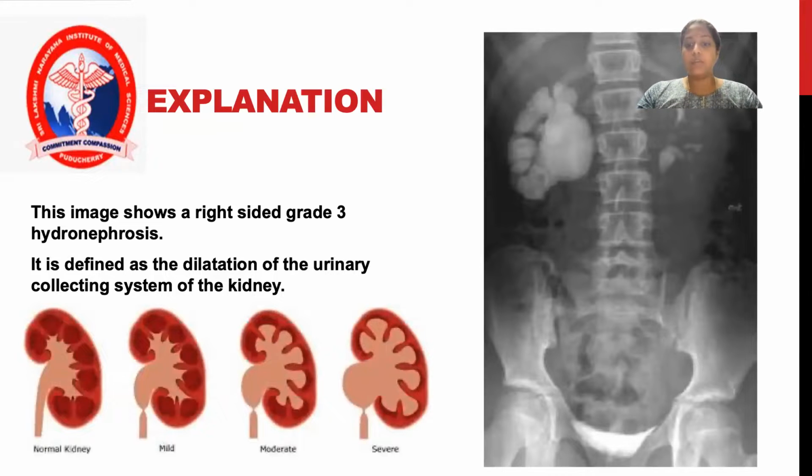We don't see the ureter here on the right side, whereas on the left side we can see the normal collecting system, the ureter and the bladder, which is partially filled. This is how a normal kidney and collecting system appears. When there is mild or grade 1 hydronephrosis, this is how the appearance is, and moderate to severe levels.